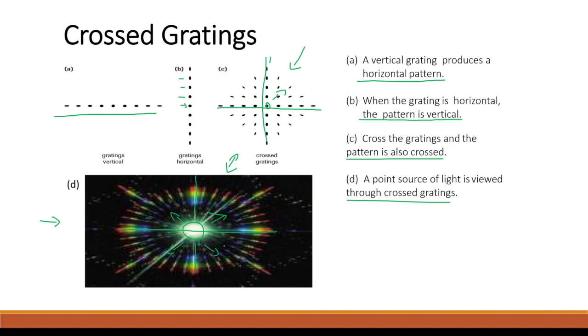So it produces a really interesting effect. You can use this with a spectroscope, which we'll talk about next.